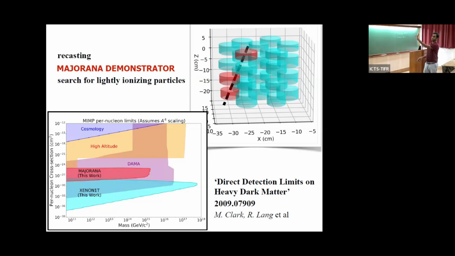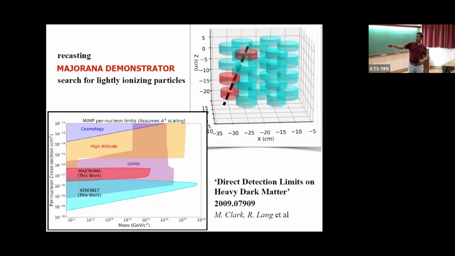They have all these ice hockey pucks of germanium, and these guys basically realized that the energy sensitivity is good enough that if you have dark matter transiting through the setup and scattering multiple times on these different modules, then you could actually look for a dark matter track with the timing information they have.